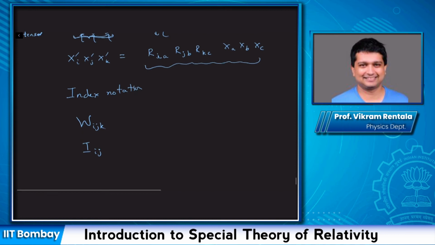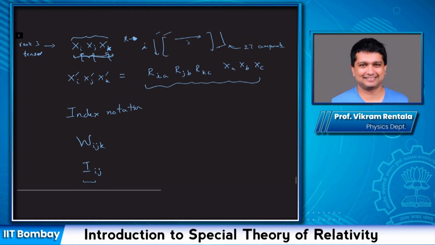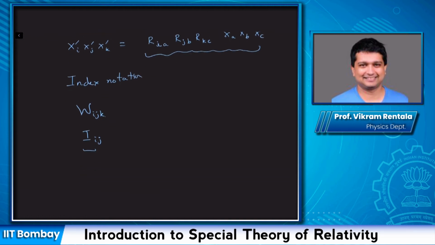Now, the way we constructed I_ij, or this rank 3 tensor over here, is we took what is called a tensor product of 3 vectors, or 2 vectors when constructing the moment of inertia tensor. But you can intrinsically assume that there are objects which are not constructed as tensor products, which obey this transformation rule.